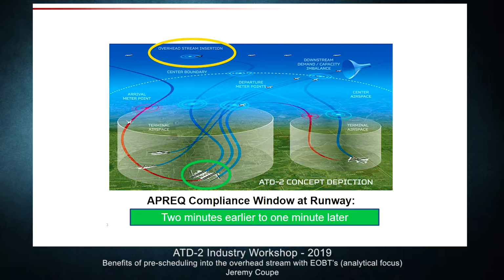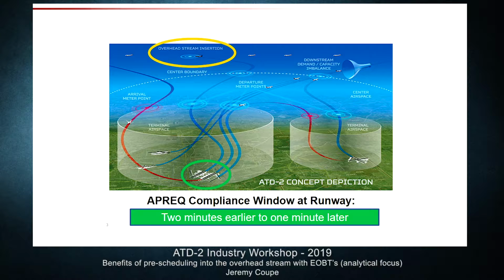The key idea here is that some aircraft need to merge into a congested overhead stream, so they need to coordinate their takeoff time such that they can seamlessly merge into this overhead stream. For example, this aircraft took off at this origin airport, and then it flies across the terminal airspace and then this center boundary, ultimately to merge into the overhead stream.